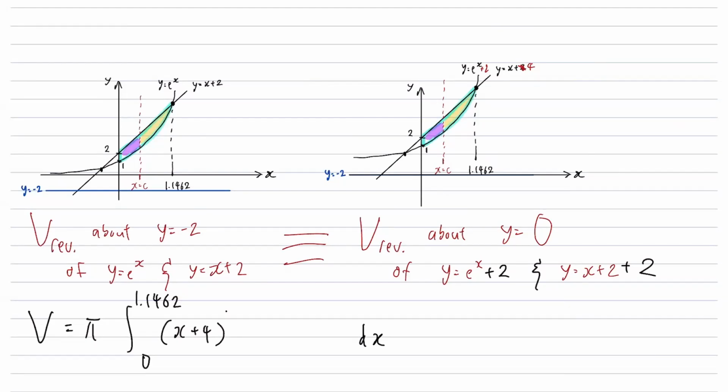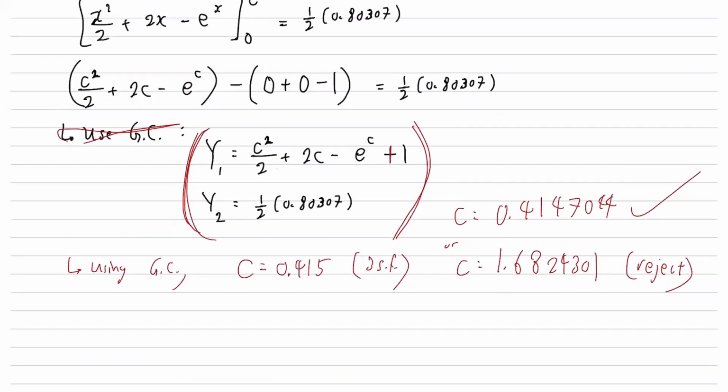Then the next one, e to the x plus 4, squared. Plus 2, you mean? Plus 2. Right, just now you told me plus 2.